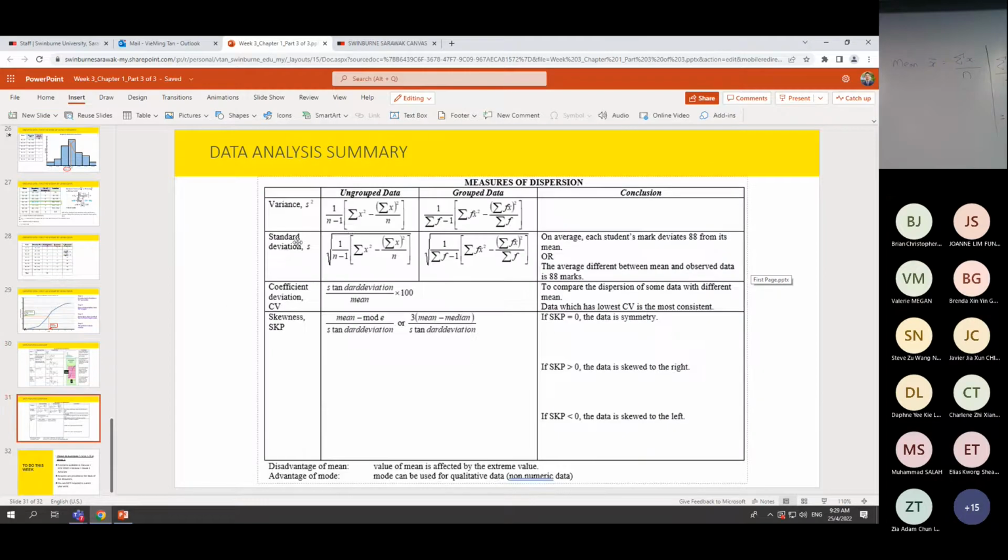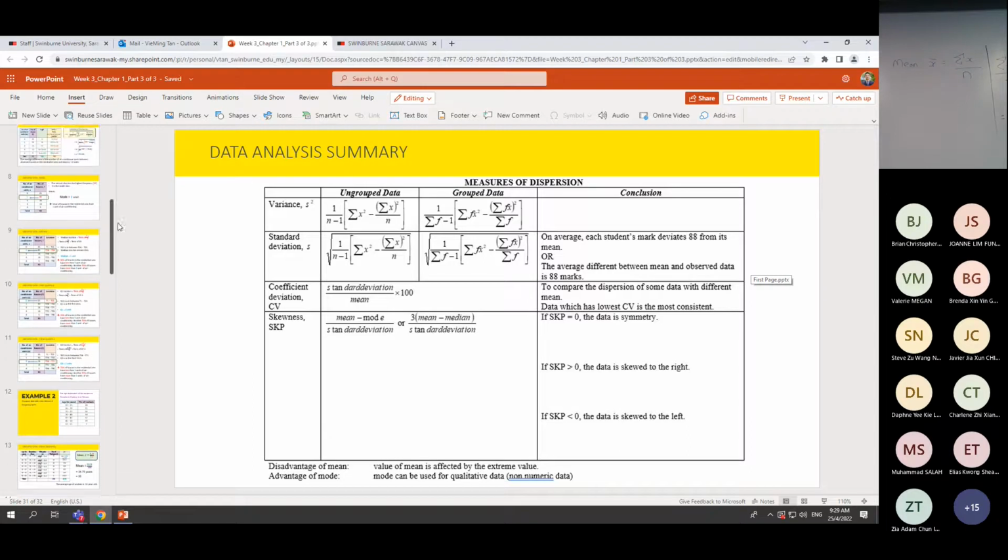That formula was for ungrouped data. Today, we need to use this formula for grouped data. If you want to calculate the standard deviation using this formula, you need to get ready the x column, the frequency column f, the fx column, and also the fx square column. I go back to the question again.